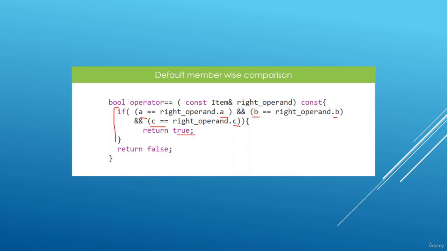And if that's not the case, we're going to hit the end of our if statement here and return false. This is a possible implementation of the operator that the compiler can generate for you. Again, the message here is that this compiler generated equals operator is going to do member-wise comparison. So make sure that this is what you want before you default your equality operator. You should really know this.